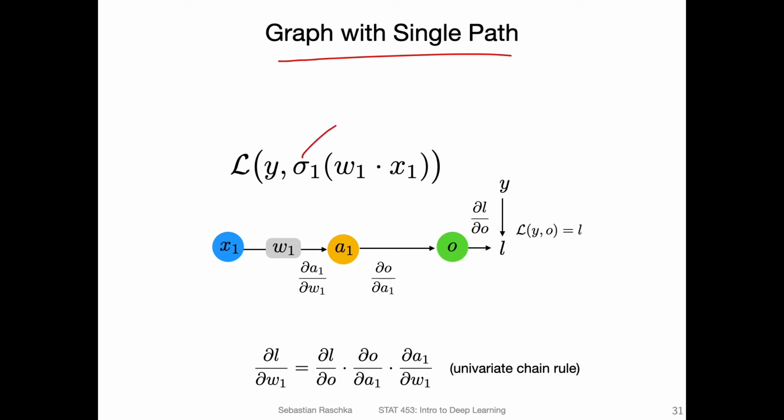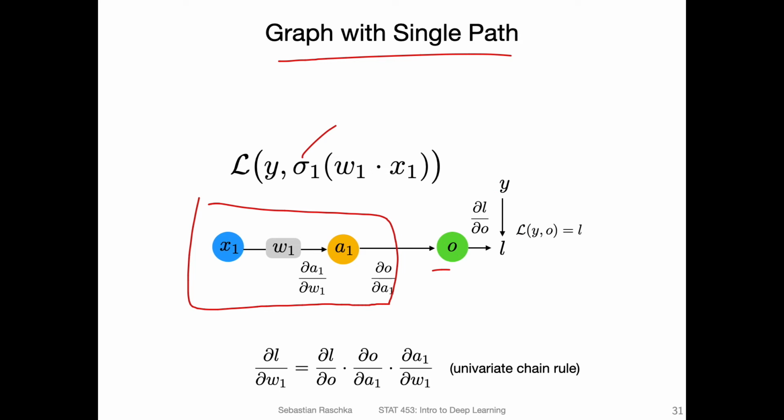So this would be the full graph based on what I've shown you earlier. In the previous slide, I showed you only this part here. Now also think of the output where we compute the loss. For example, in Adaline, the mean squared error between the prediction O, the output, and the actual class label.